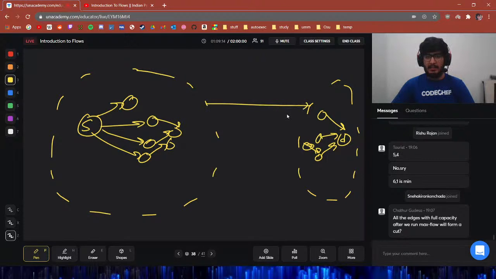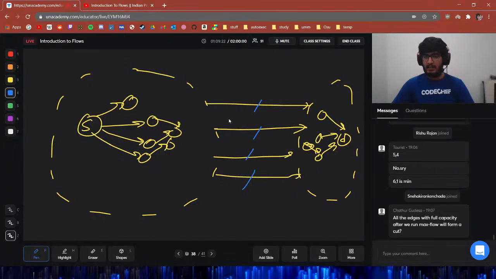I'm basically putting the edges that are going to be cut from S to D between the sets. I'm going to be cutting these 4 edges for a cut to happen between S and D, so I'm keeping those edges in between these sets.